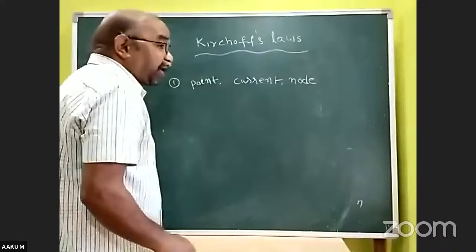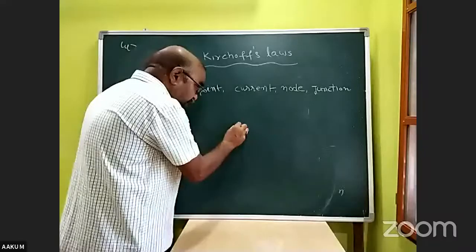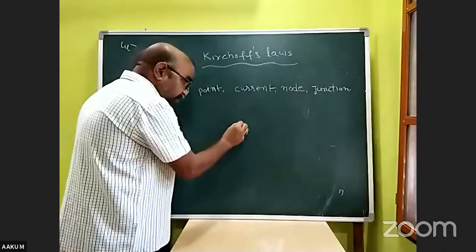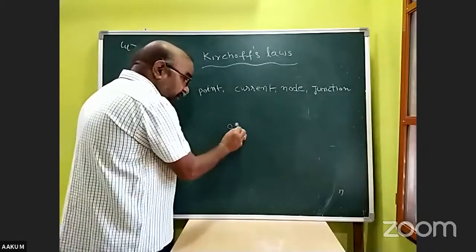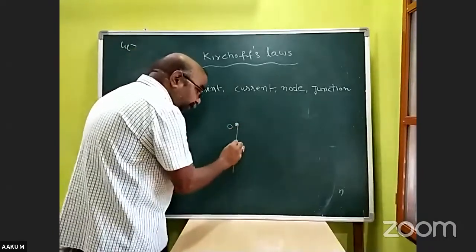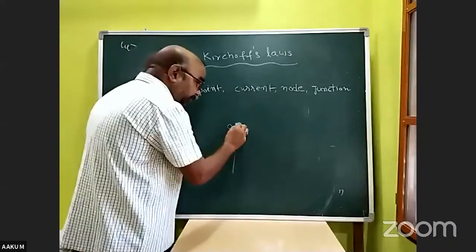through which two or more than a junction, say, this is a junction.